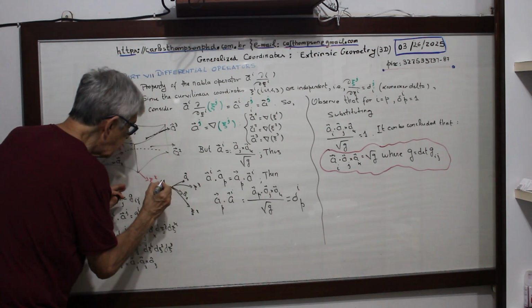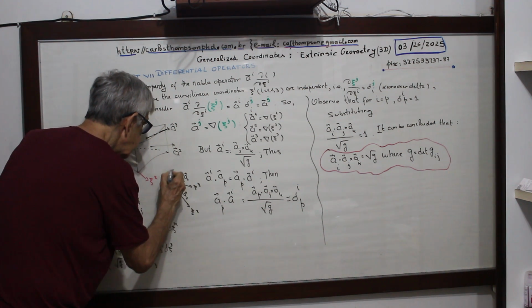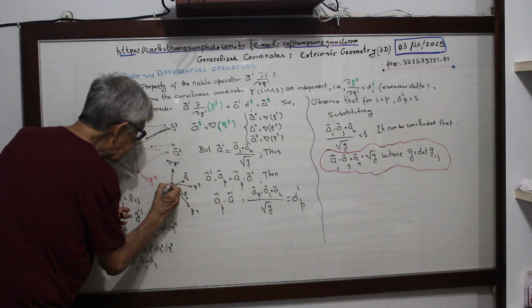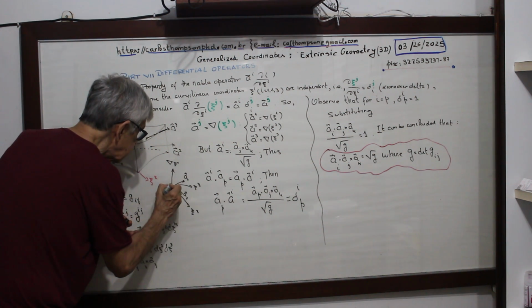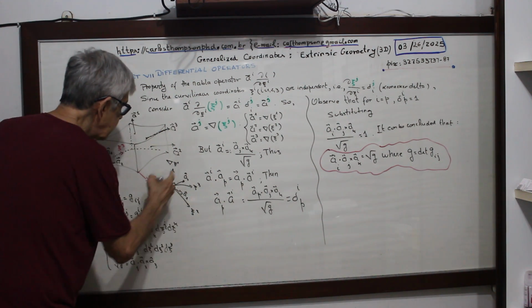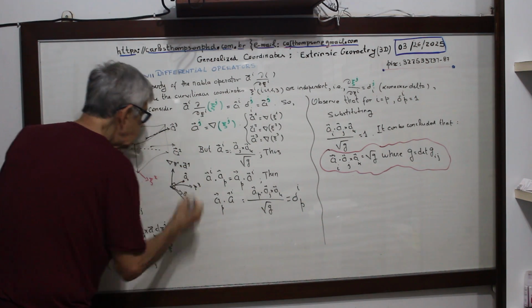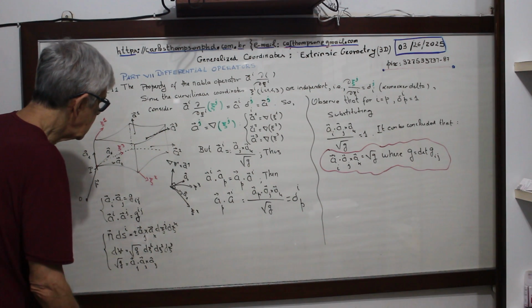Now, attention. At this point I have nabla C1. This is perpendicular to the tangent plane here. So nabla C1 is equal to A1. Okay? Nabla C1 is A1.